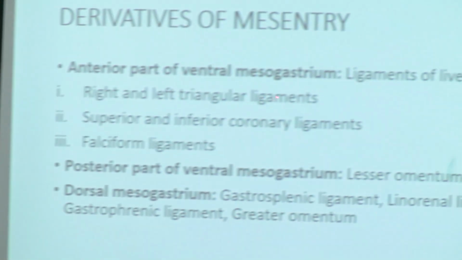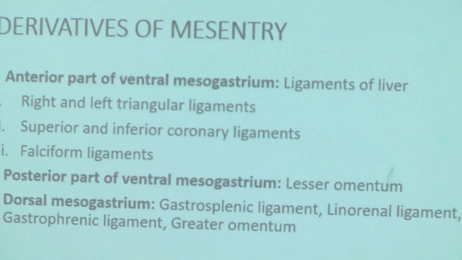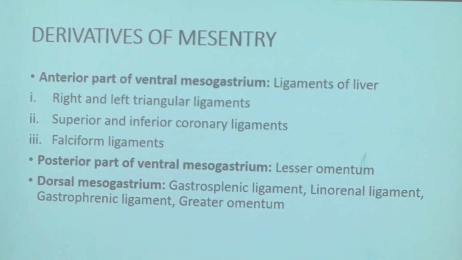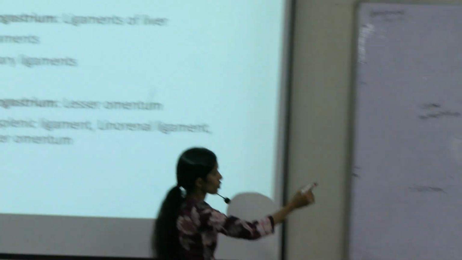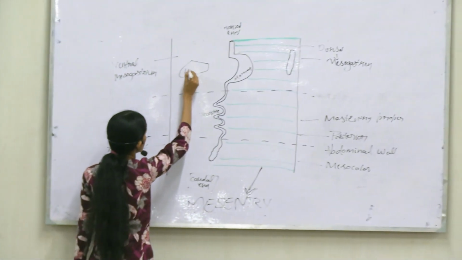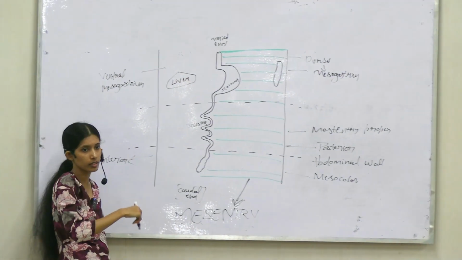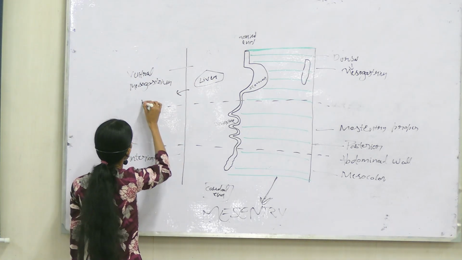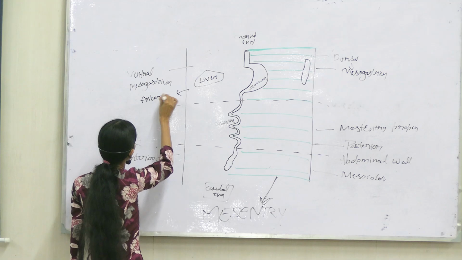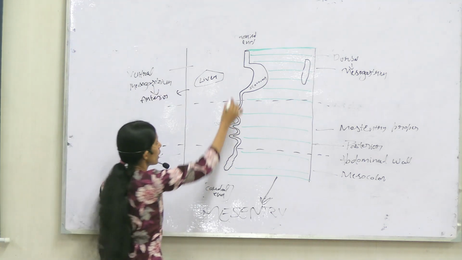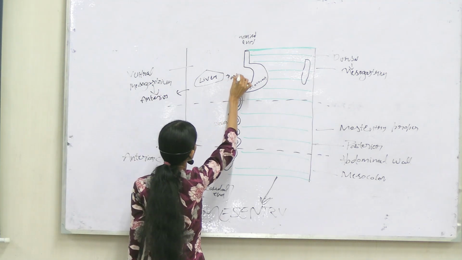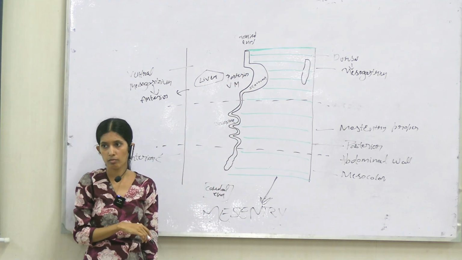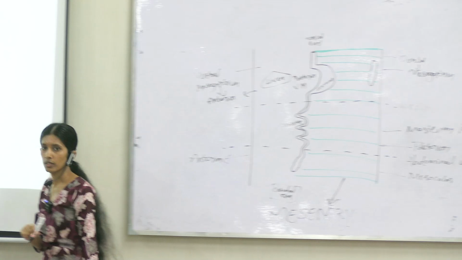Anterior part of the ventral mesogastrium, the anterior part is this one. This structure what you are seeing here is liver. Okay. The area which is present anterior to liver is called anterior ventral mesogastrium and this is posterior ventral mesogastrium. Is it clear, everyone?